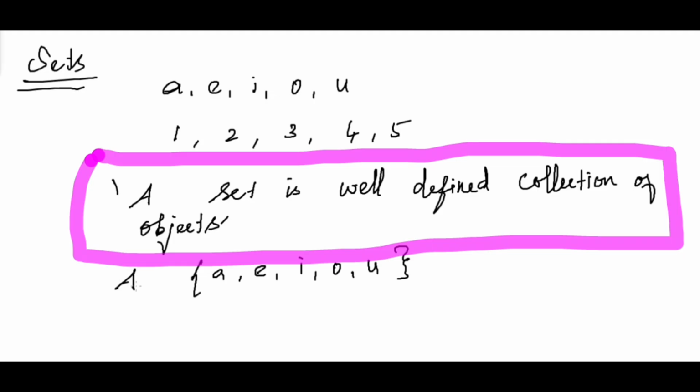It can be any letter, but it should be a capital letter. Let us take A is equal to the set of A, E, I, O, U. The objects in a set are generally called elements. So A is an element, E is an element, I is an element, O is an element, U is also an element. And the elements should be separated by commas.